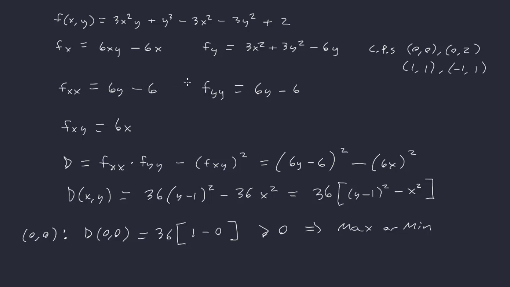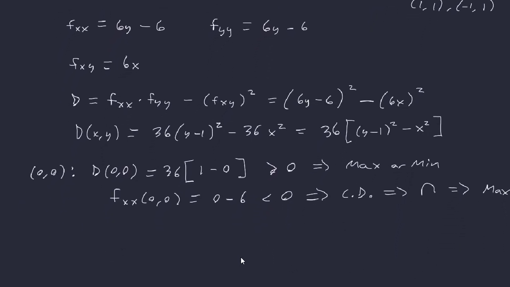As we can see here, it doesn't matter which one we use since they're the same. So f sub xx at 0, 0 is going to be 0 minus 6, which is negative. Negative means concave down, which means we have a max. So we have a max at 0, 0.